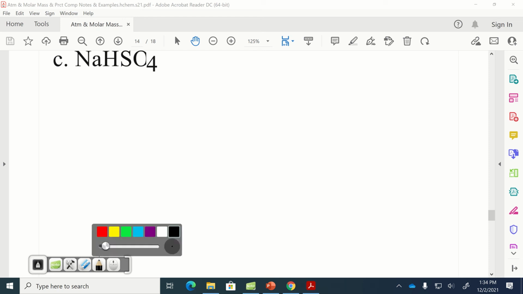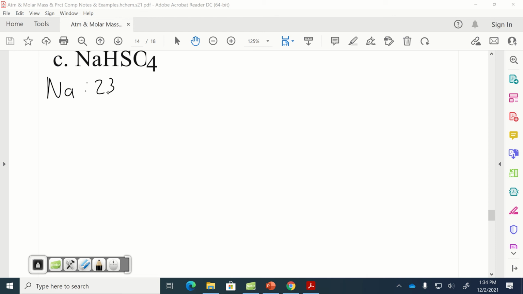So let's get this started. Na, just one of them. Na comes out to 23, rounded, 23.00. Whoops, too many zeros. Got excited. Hydrogen is 1.01. Sulfur, I'm pretty sure, is 32.07.